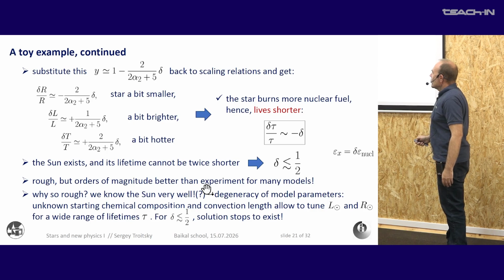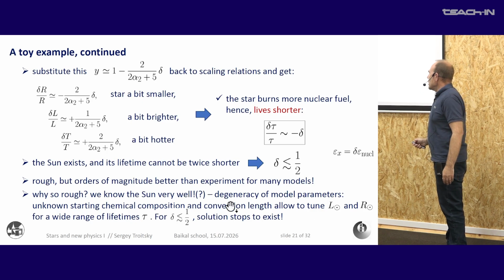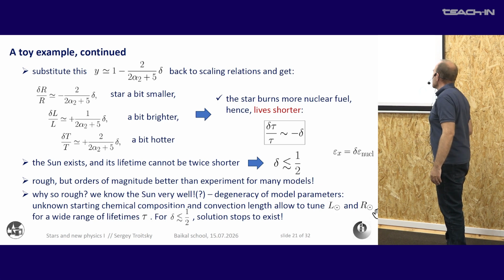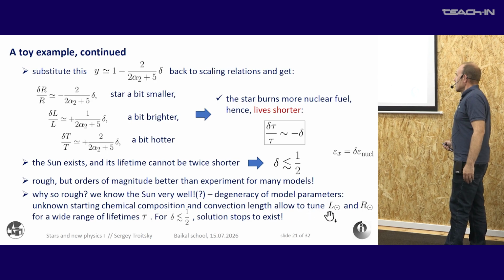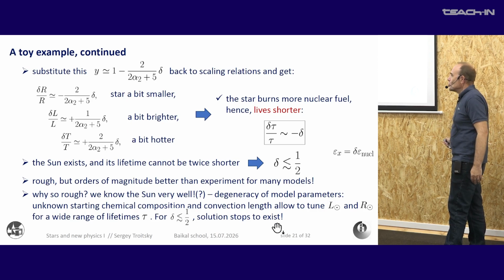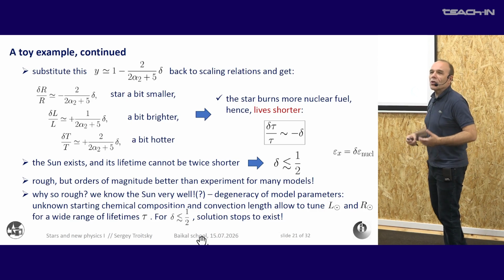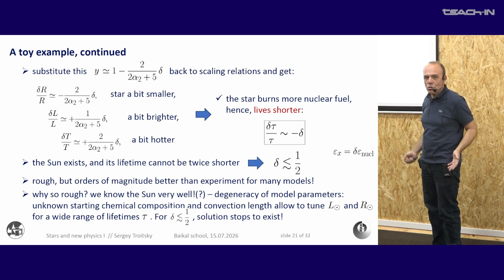And changing a little bit the chemical composition and this second parameter, we can obtain the present day sun, luminosity and mass for different lifetimes. However, for that short lifetimes, the solution stops to exist. I told you that we are not obliged to have a unique solution or to have a solution at all.